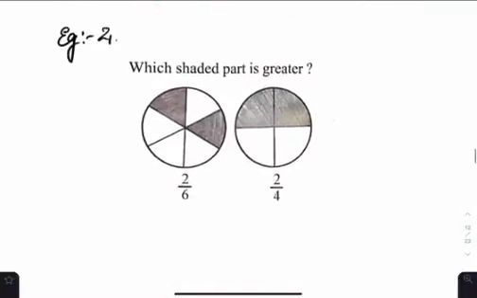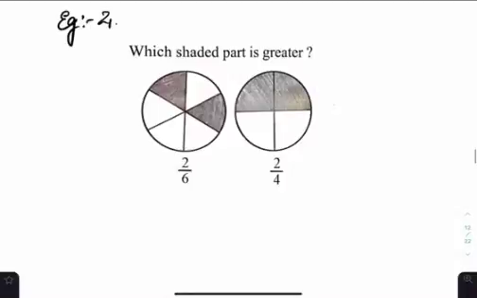Yeah, moving on to another example. Now, in these two circles, one is divided into 6 parts, the other one into 4 parts, but the numerator is the same. Both have 2 parts shaded in each of them, but which shaded part is greater?